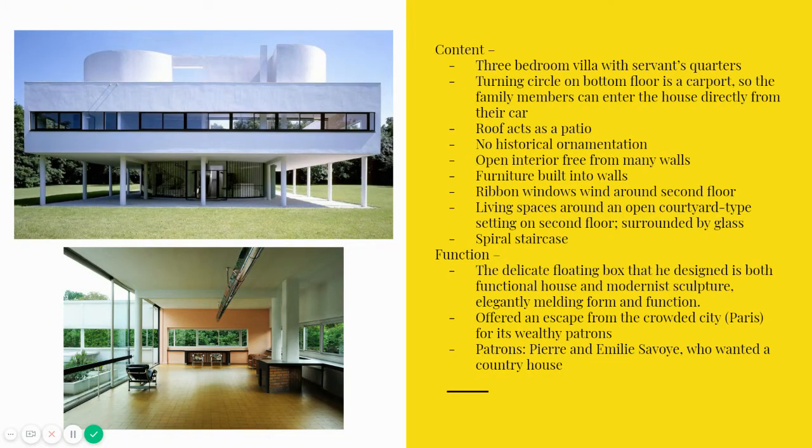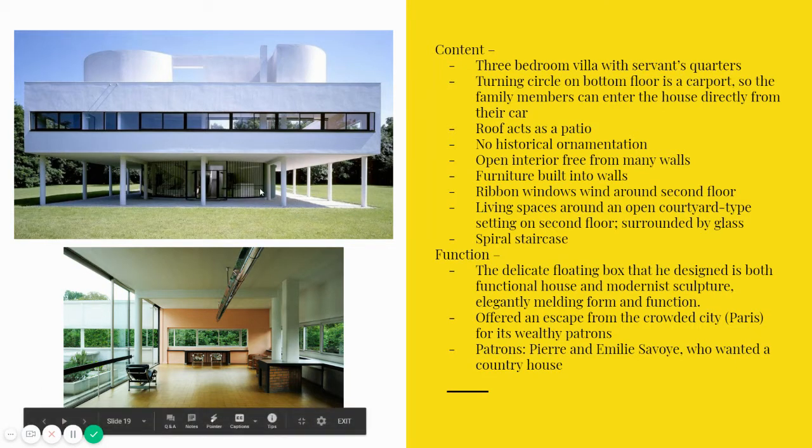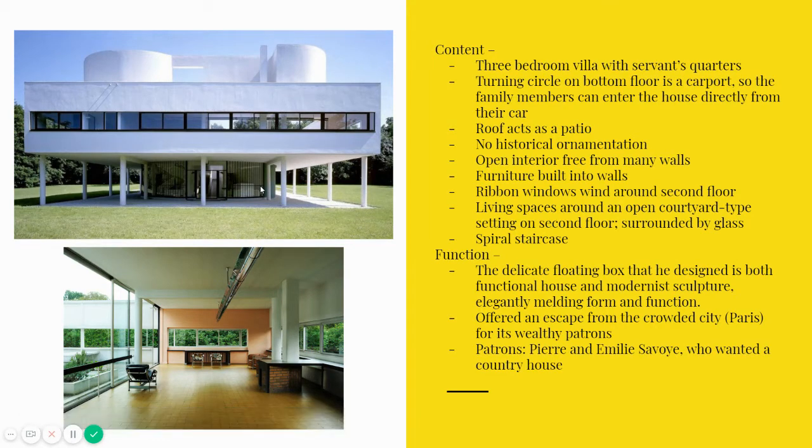So in terms of content, what we're looking at here, this villa is a 3-bedroom villa. It does have some servants' quarters. At the bottom is a circle, but that's actually the garage or the carport, so that you can drive right in and then enter the house directly from the carport. Then you have this patio that goes around the carport.